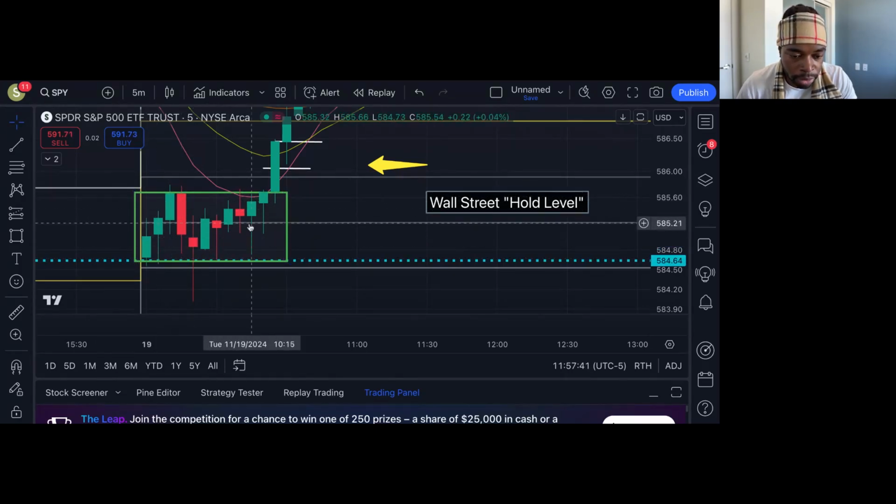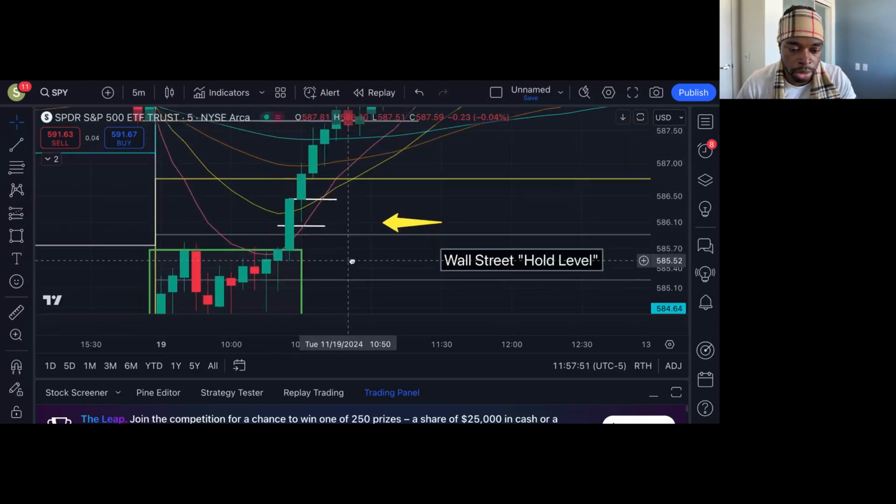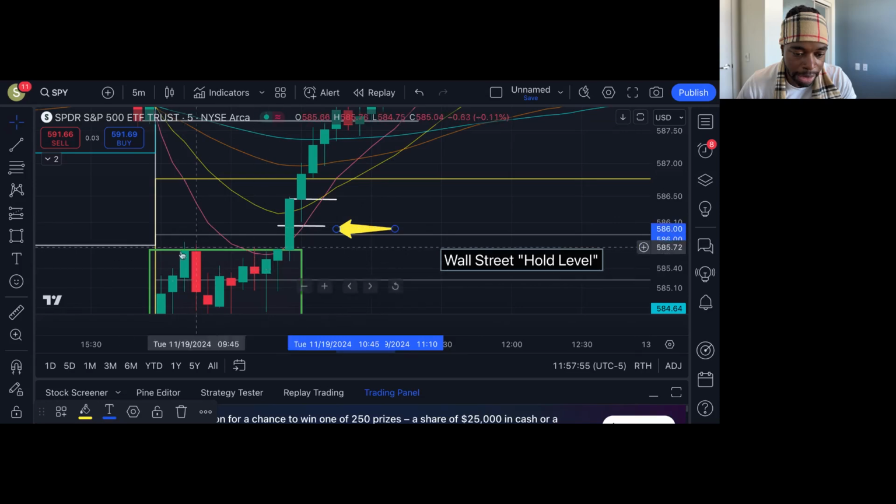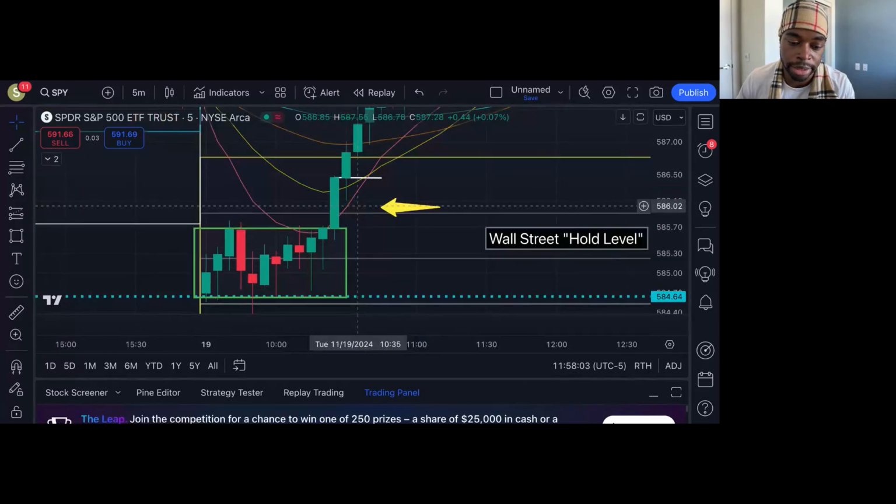So around this box is my consolidation area. And this is what we talked about in terms of the opening range breakout strategy. My signal bar would be this big green bar because this is the bar that broke out of this range. It broke outside and it closed outside of that range. Once we close outside of that range, that's what we're looking for an entry.